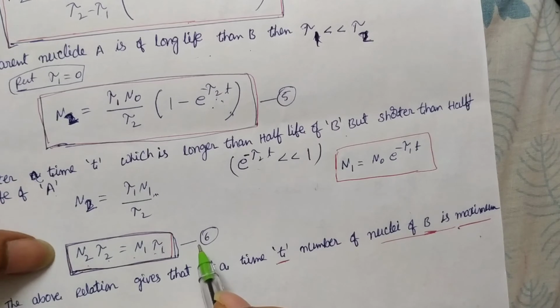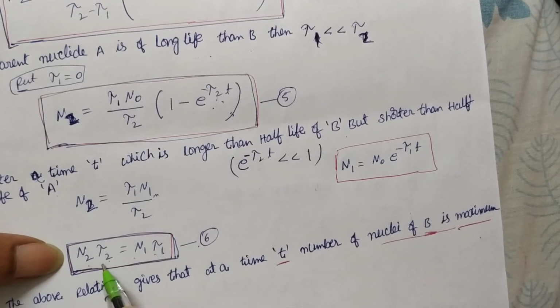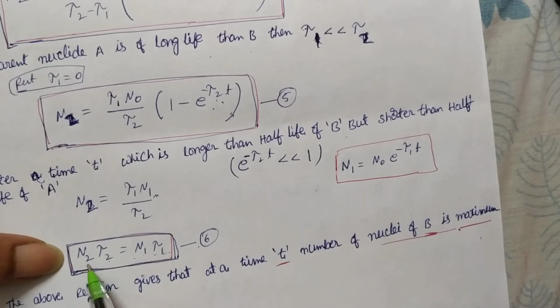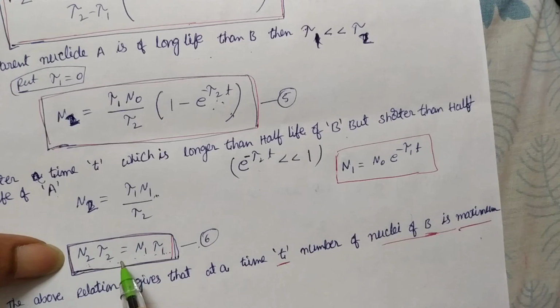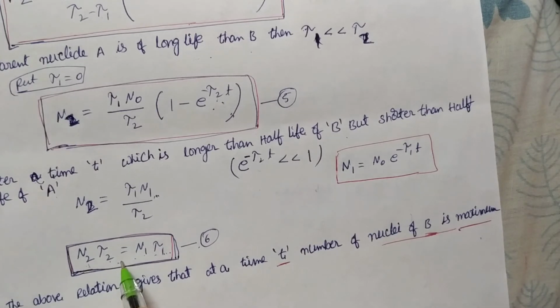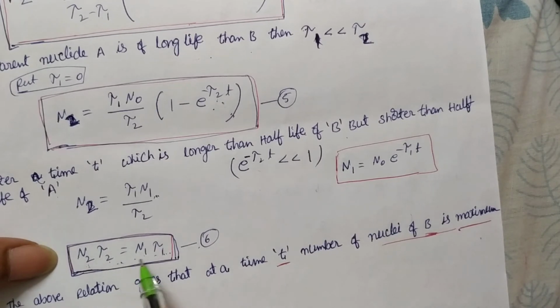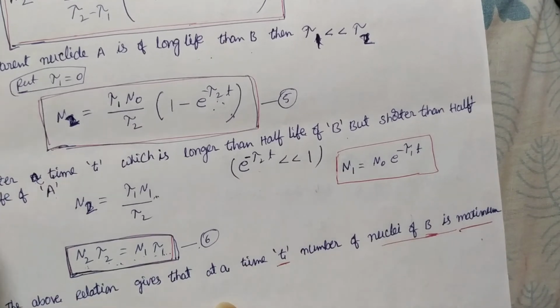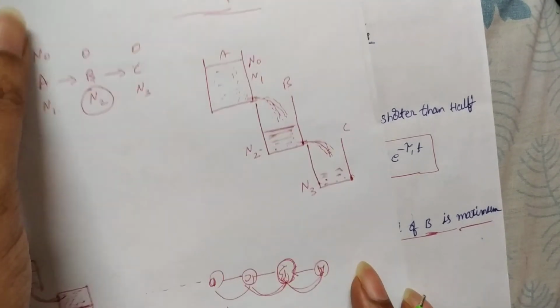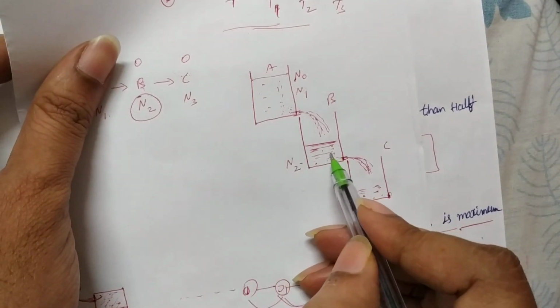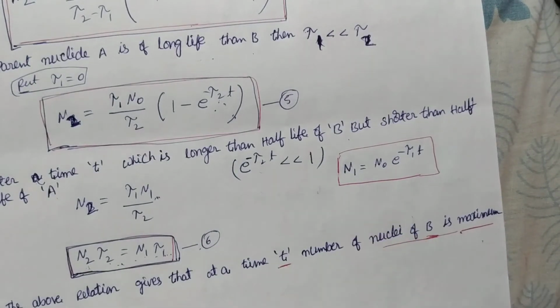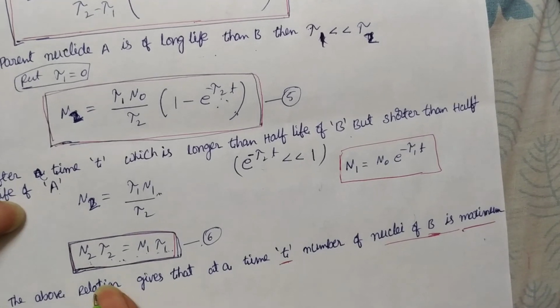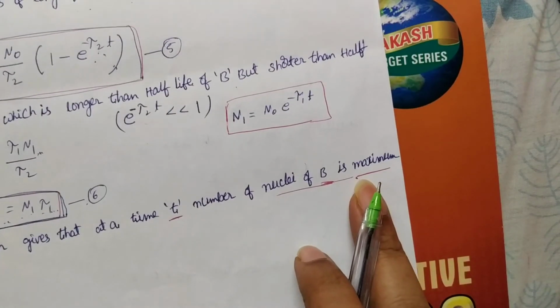From this what you can conclude: the number of nuclei converted from A to B, n1 lambda 1, is equal to the number of nuclei converted from B to C. That means material B is in equilibrium condition, because the same amount flowing from A to B is flowing from B to C, that is equilibrium condition. So at this condition the number of nuclei in B is maximum.